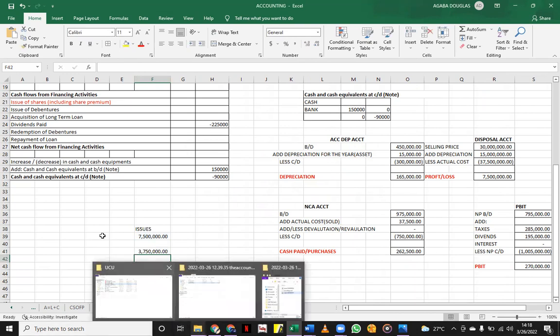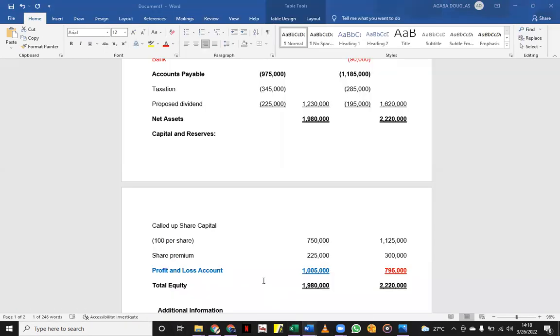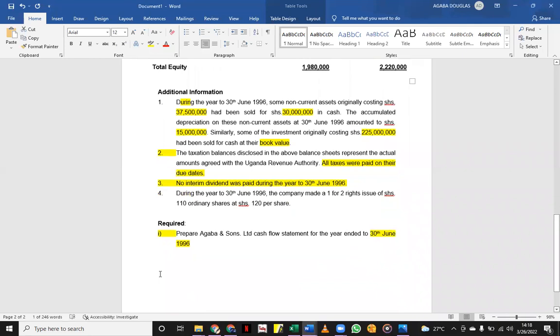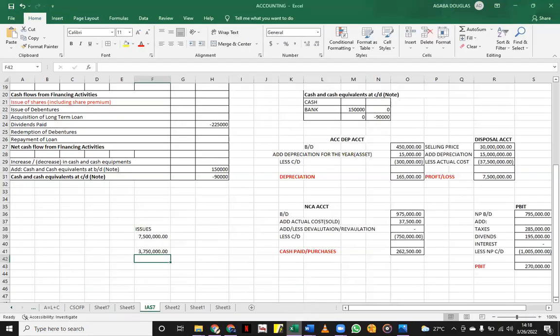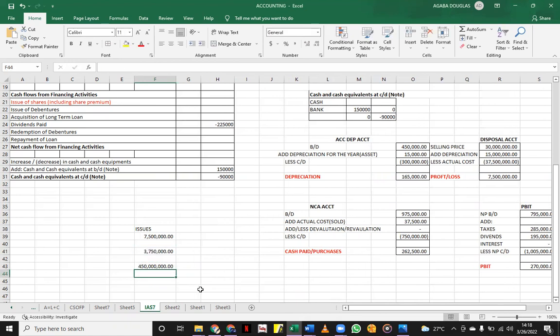And once that is gotten, then we come back to our question. They told us that they sold them at 120 per share. So we are simply going to multiply this by 2, equals 120 multiplied by this. And then we'll get 450 millions from our issuing of shares.